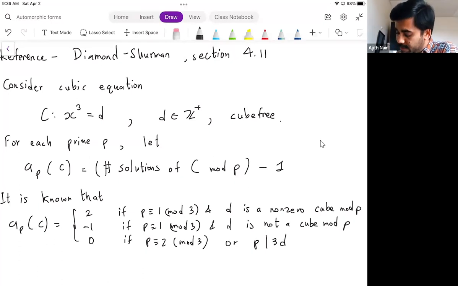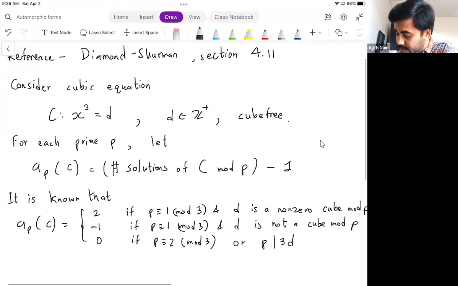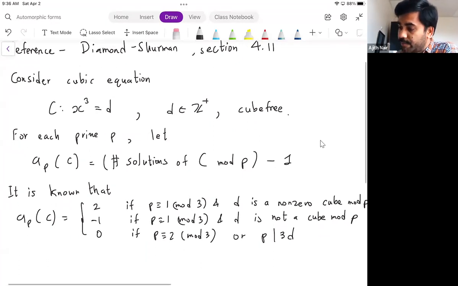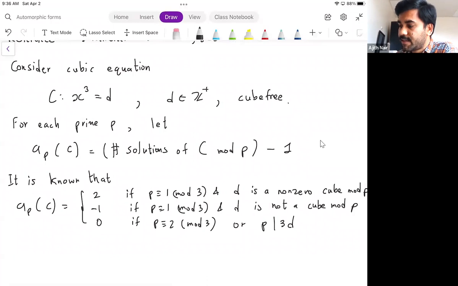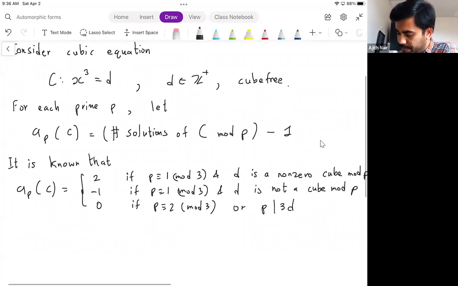All right. Now these numbers a_p are going to be the Fourier coefficients of a modular form that we are going to construct.